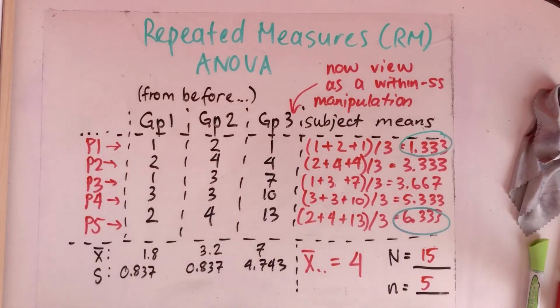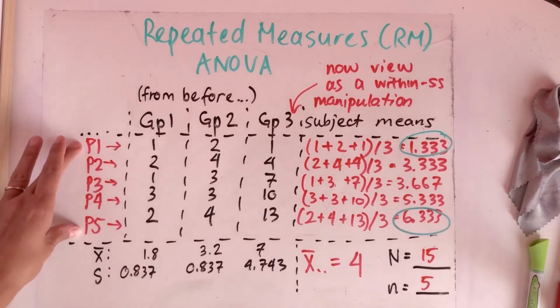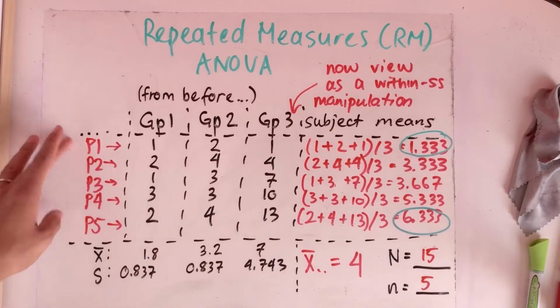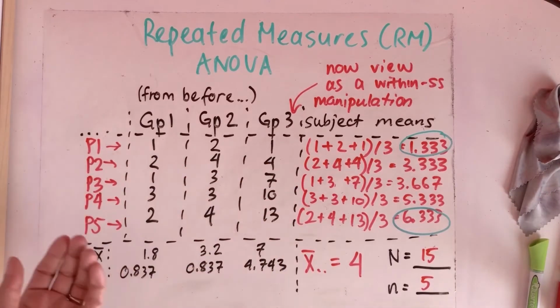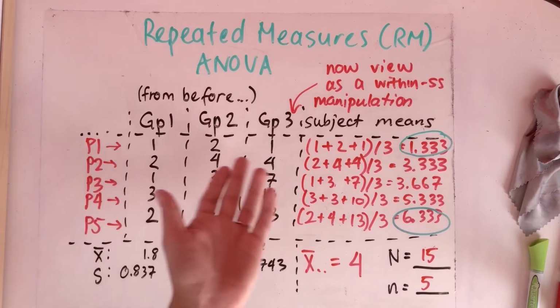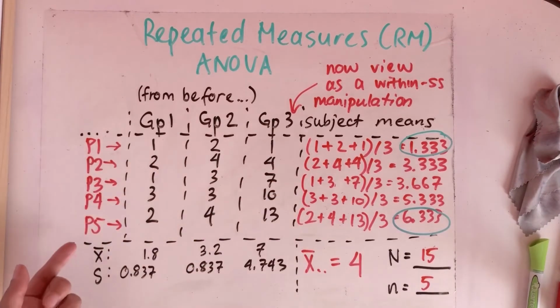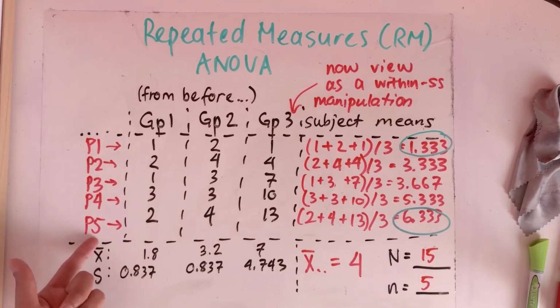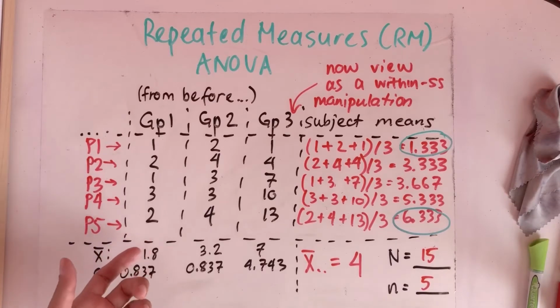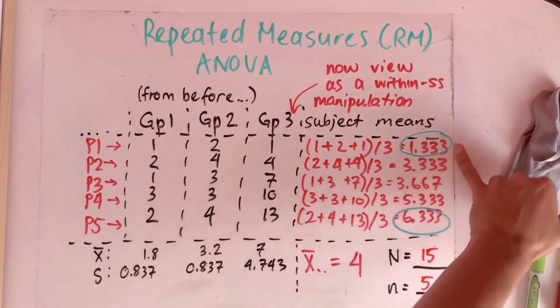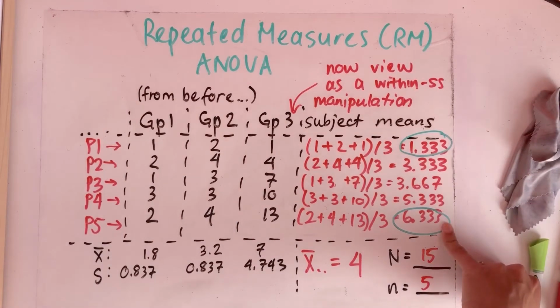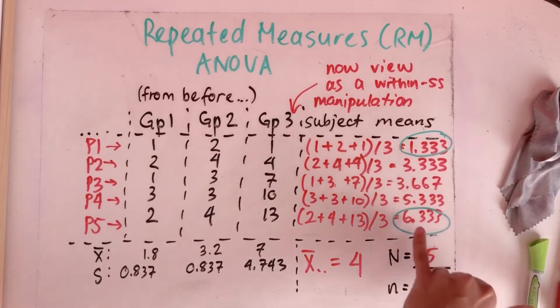A big part of that difference could very well be due to the fact that participant 1 generally gives lower scores, and participant 5 happens to have larger means, so the average for participant 1 versus participant 5 is quite different. And this type of thing can mess up an ANOVA.